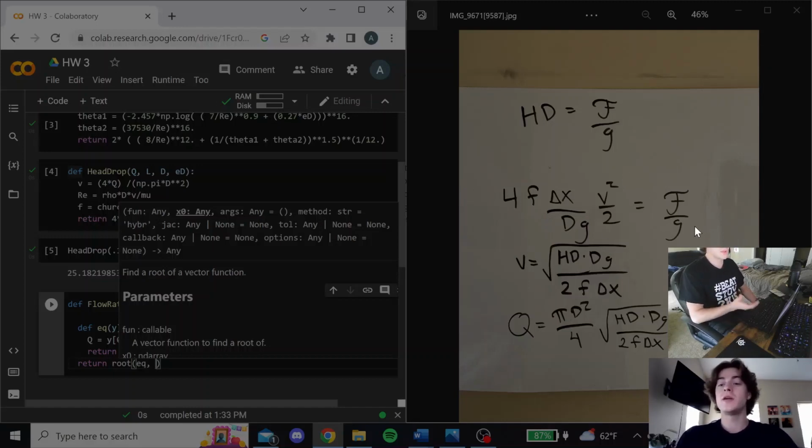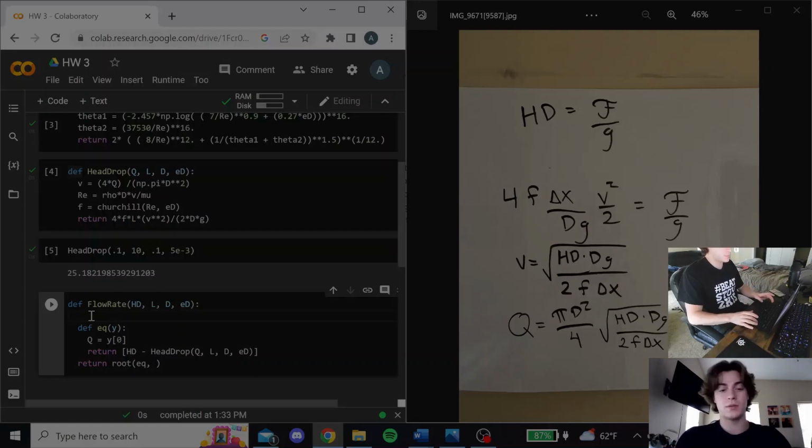And then from there, just using algebra, I went ahead and rearranged the equation to solve for V, and then used the relationship that the flow rate is equal to the cross-sectional area times the velocity. And so the cross-sectional area, since we have a circular pipe, is just pi times d squared over 4. So we can go ahead and use this expression to get our Q guess.